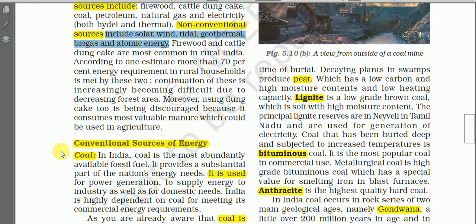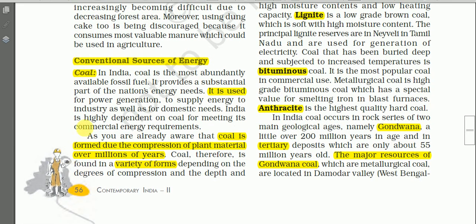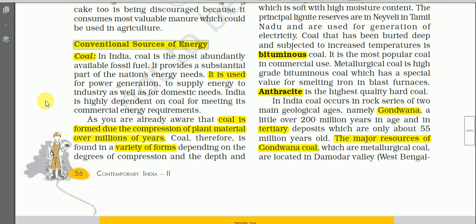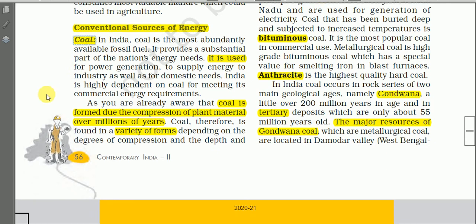So now we have these conventional sources of energy, and coal is one of the most important conventional sources of energy. It is also given here that in India, coal is the most abundantly available fossil fuel. It provides a substantial part of the nation's energy needs.